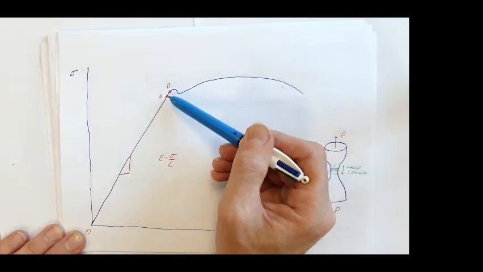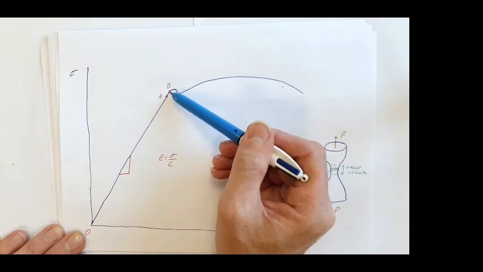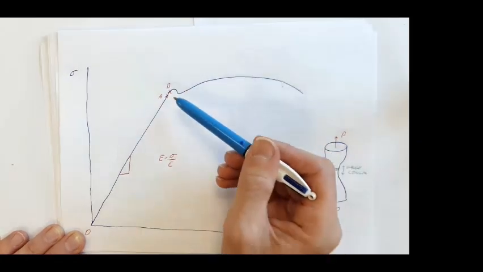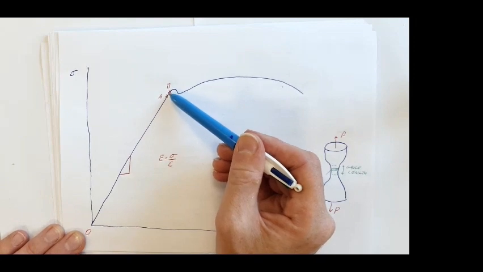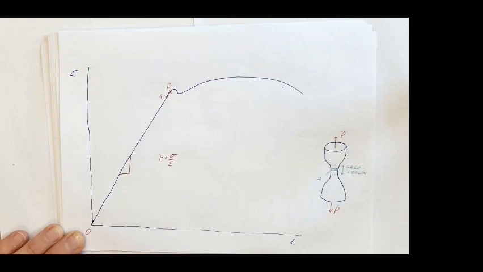Point A is called our limit of proportionality. Point B is called our elastic limit. For all intents and purposes, assume A and B are the same. They're so close to each other that we can assume they are coincident.